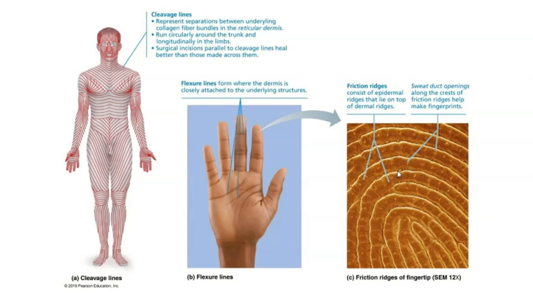Collectively, these skin ridges, both the dermal and epidermal ridges, are referred to as friction ridges, particularly on the palms of the hand, the fingertips, and the soles of the feet.